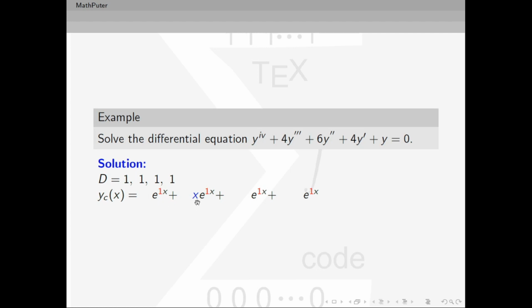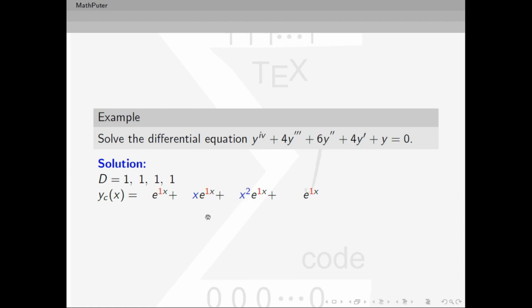Generally, we use x, x square, x cube, only polynomials, right, to convert the functions into linearly independent functions. Now if I multiply by x here, then these two functions are equal. So I choose x square here, right?